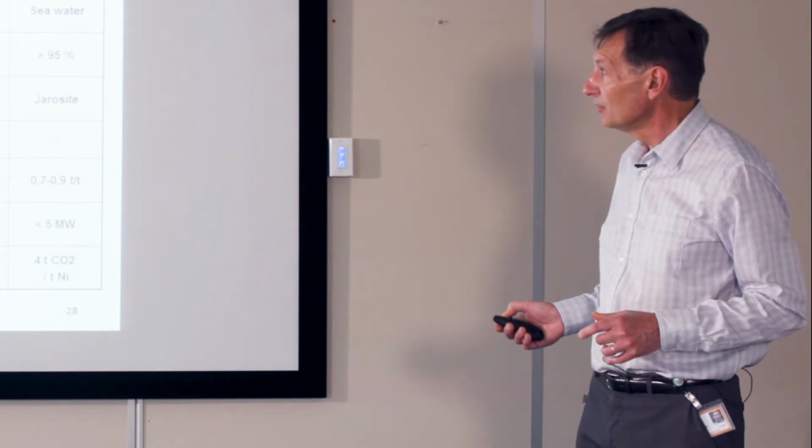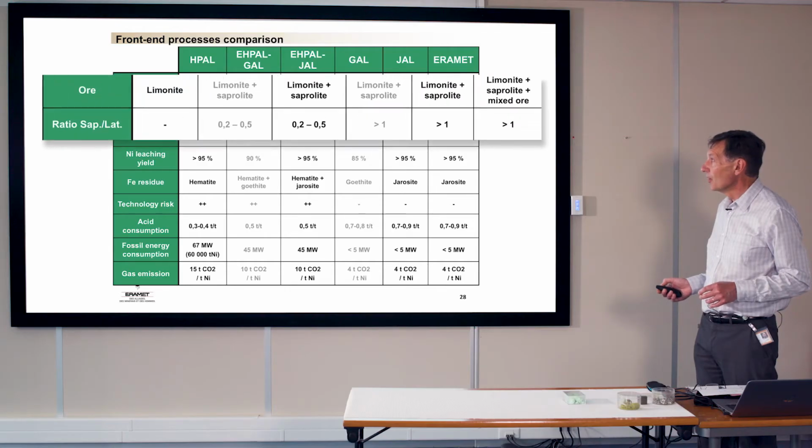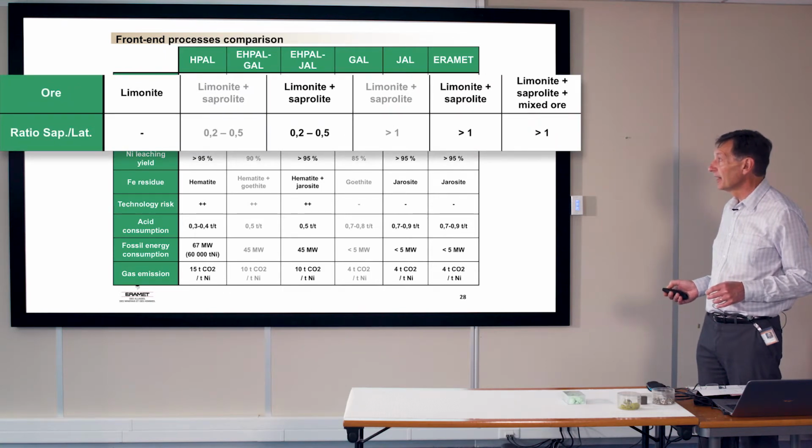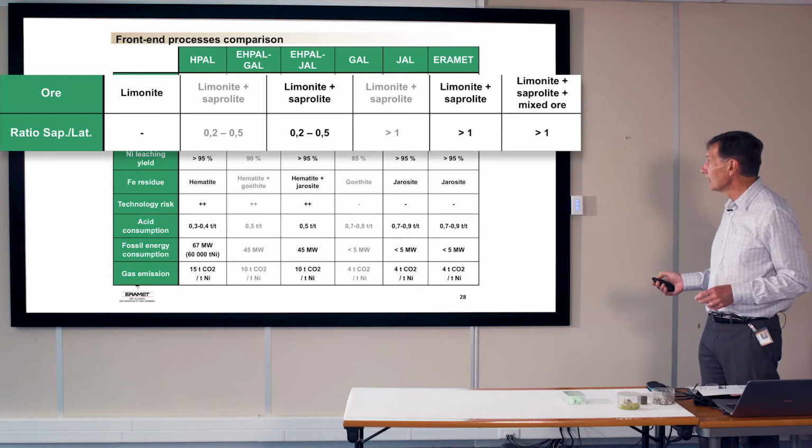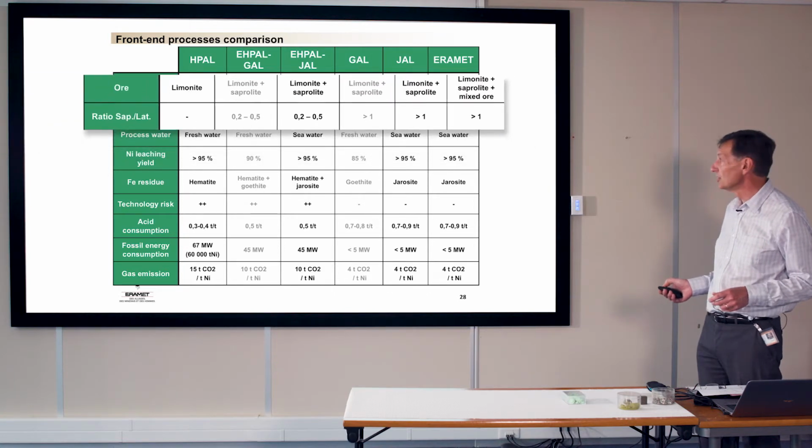Depending on the process, you see the ratio of limonite on saprolite you can treat, and you can increase the saprolite content in this atmospheric leaching process.